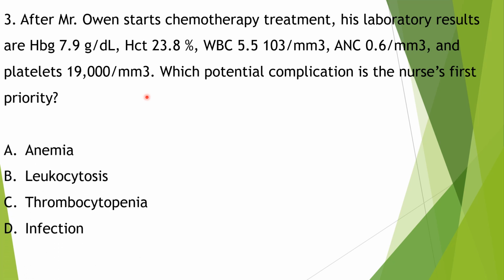So you can see the abnormalities in all the blood cells. Is it an anemia, leukocytosis, thrombocytopenia, infection? More chances of infection is there because absolute neutrophil count is very low. This is the potential complication where first priority is to be given.